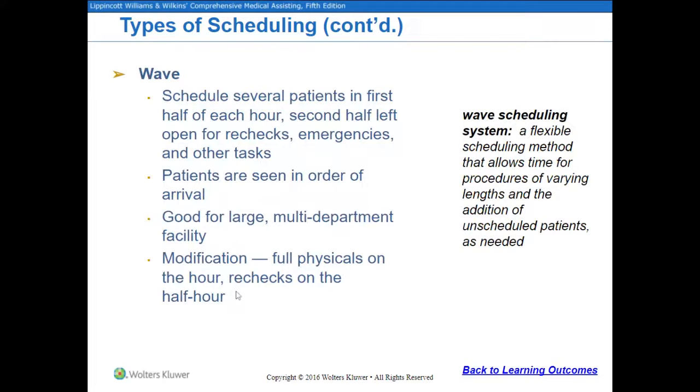Modified wave is when, for example, one of you may be scheduled at 9, and the other two may be scheduled at 9:30, or vice versa. Two of you may be scheduled at 9, and then the other person is scheduled at 9:30. The doctor still only has those three patients scheduled within that hour, but it's spread out.